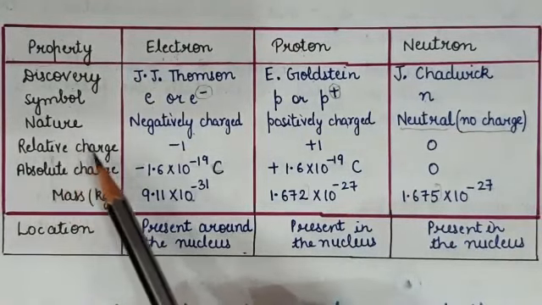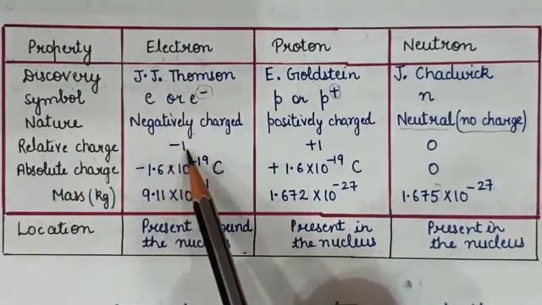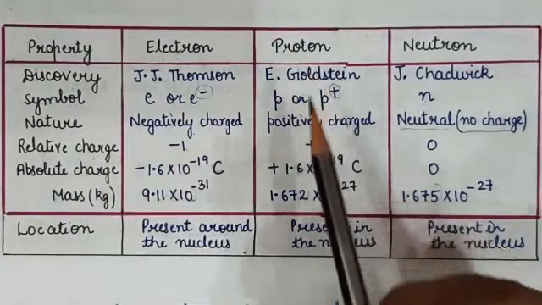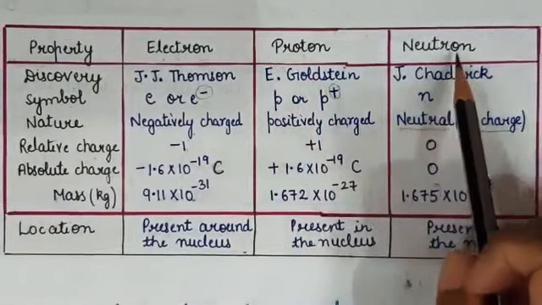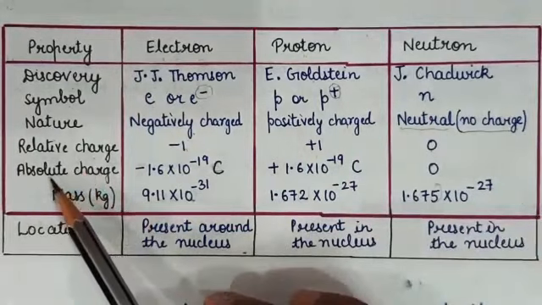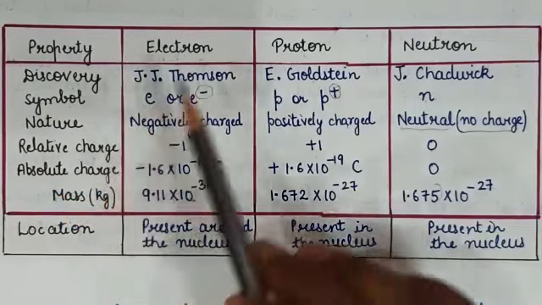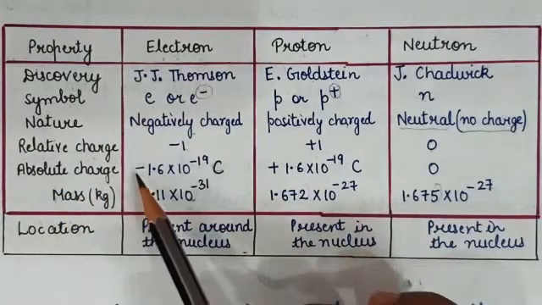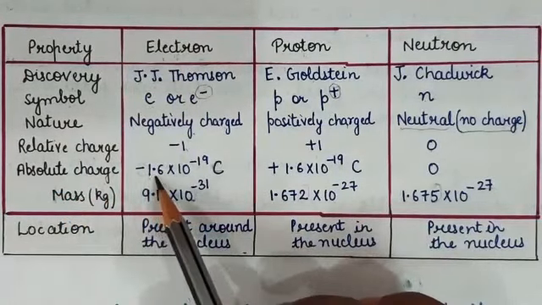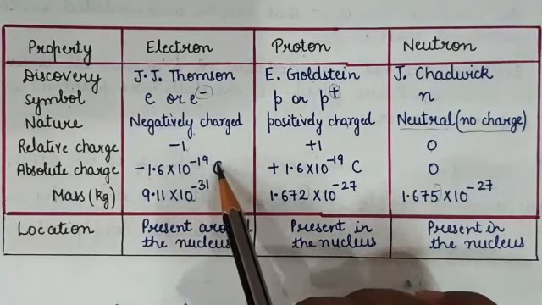Next is relative charge. Electron -1, proton +1, neutron 0. Coming to the next property, that is absolute charge. Electron has -1.6 into 10 to the power -19 coulomb.